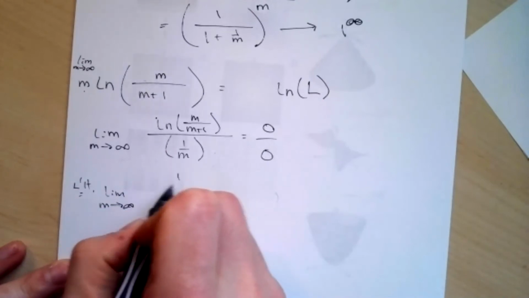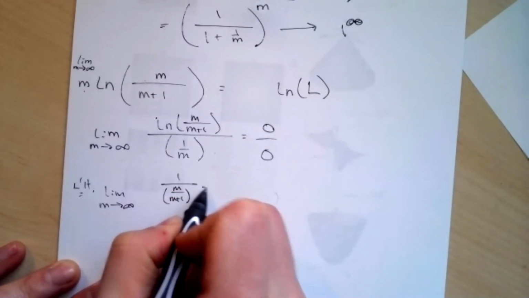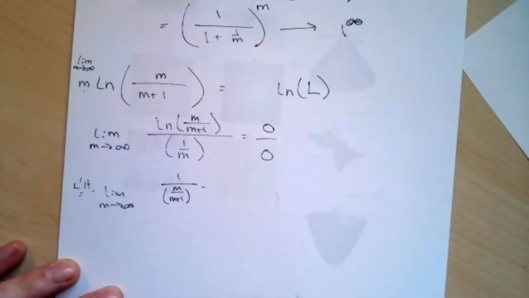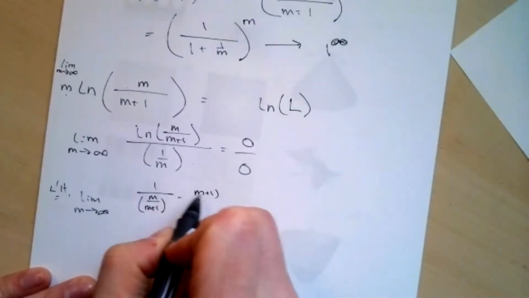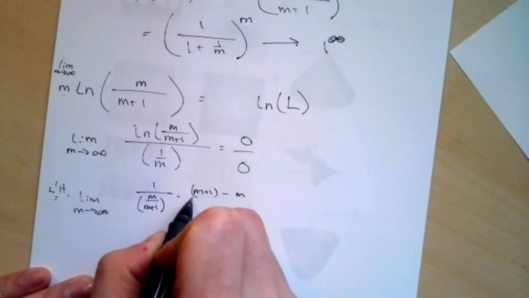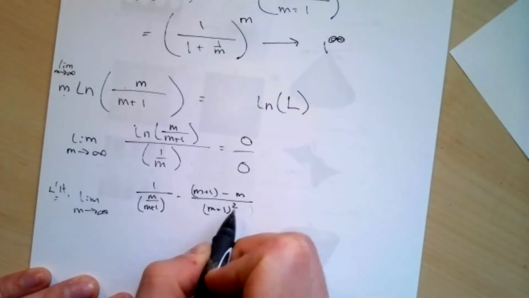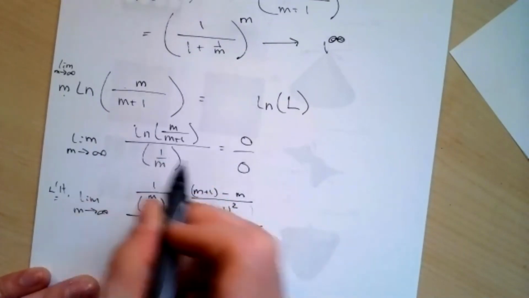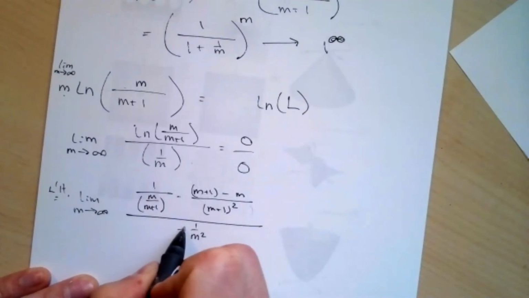Because you're going to have 1 over m plus 1, times that derivative, which is going to be a quotient rule, and then divided by this, which will give us a negative 1 over m squared.